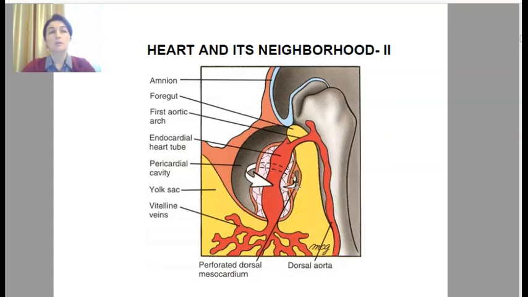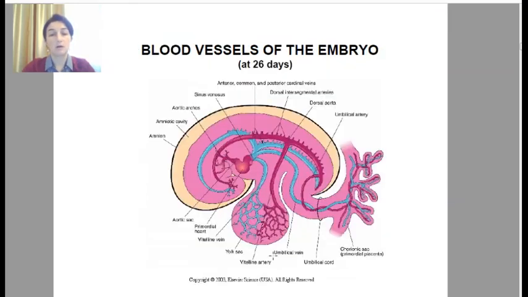Then their initial region will invade into the aorta, and finally we know that the origin of the coronary vessels is from the initial part of the aorta, where the coronary vessels arise that will supply the heart.